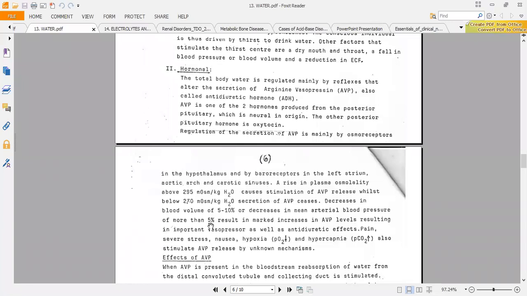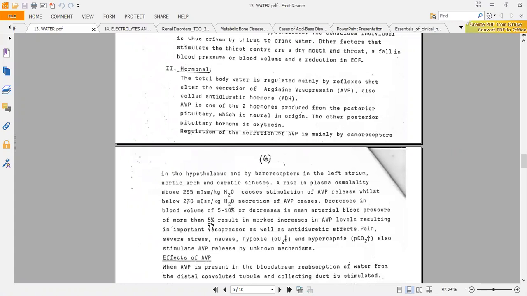If your osmolarity is greater than 300, we say you are hyperosmolar, and if it's below 270, you are hypo-osmolar. This osmolarity is that which controls ADH release.